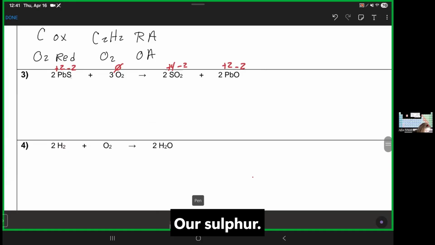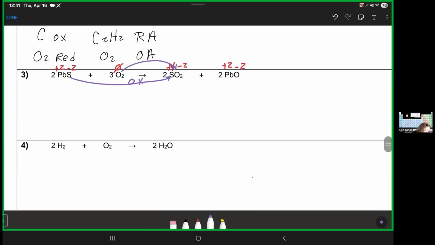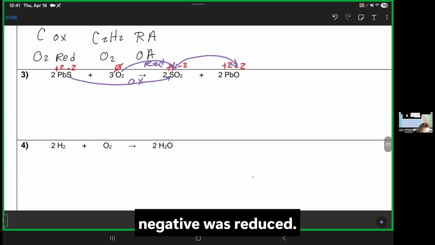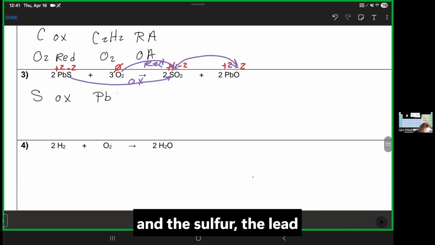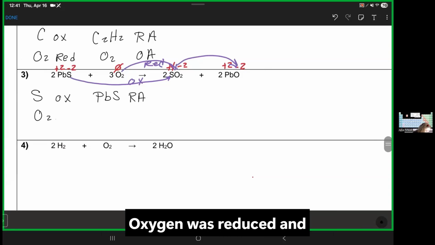Our sulfur got more positive, was oxidized. Our oxygen, in both cases, got more negative, was reduced. So our sulfur was oxidized, and the lead sulfide was the reducing agent. Oxygen was reduced, and oxygen was the oxidizing agent.